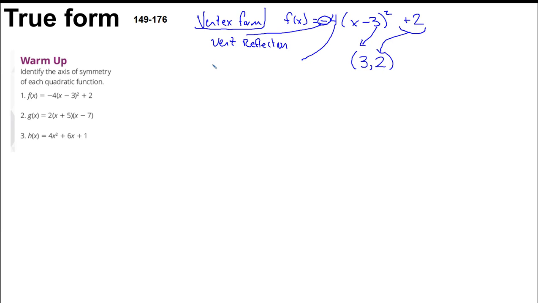And this 4 tells me I have a vertical stretch. Just like it was when we were dealing with the absolute value functions. So a lot of it, like I told you, in that absolute value, all that stuff from there is going to carry over and be a part of each of these other lessons.